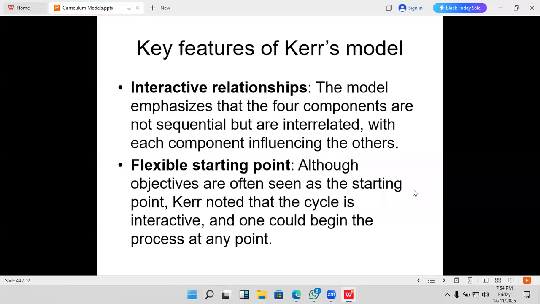Then flexible start point. Although objectives are often seen as the starting point by other model designers, Kerr noted that the cycle is interactive and one could begin the process at any point.